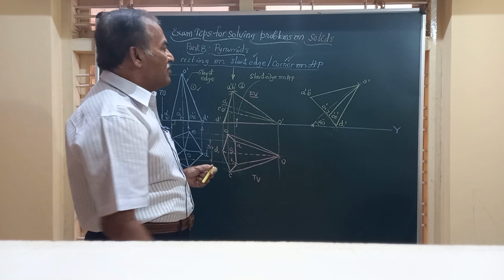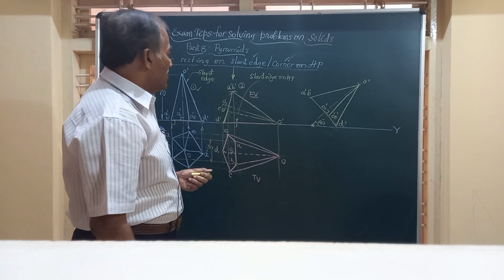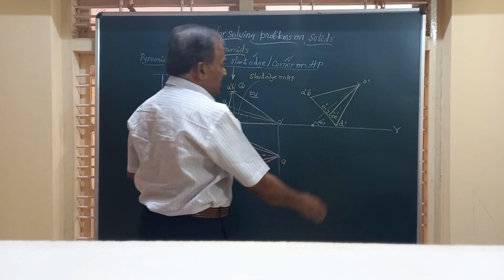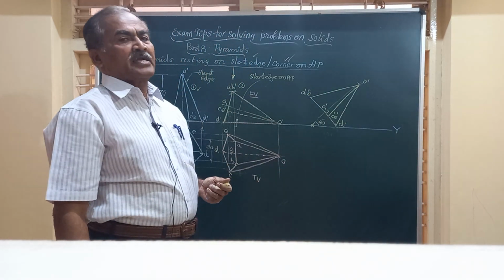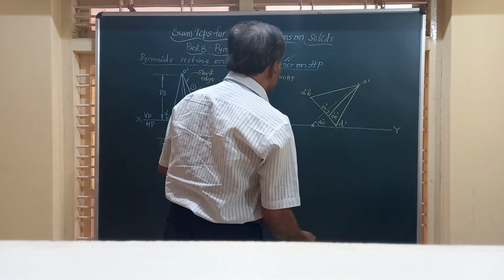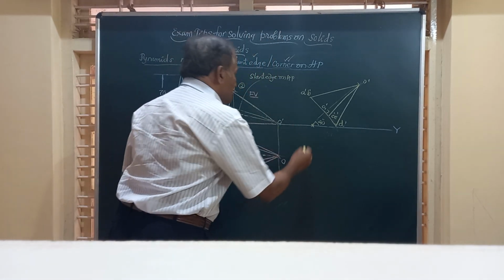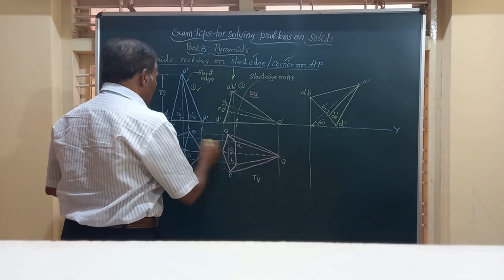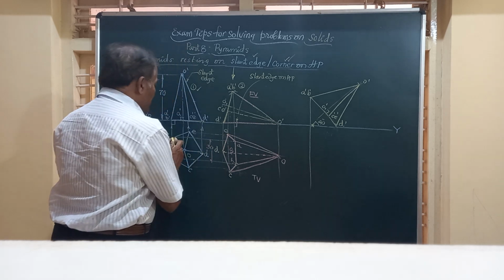Friends, you have marked all the points. Now I have to draw projectors from the first figure, projectors from the top, one by one, and get the final top view of that. Friends, let me start with A and B. So I draw a vertical line through A and B and a horizontal line, just say from here, A.